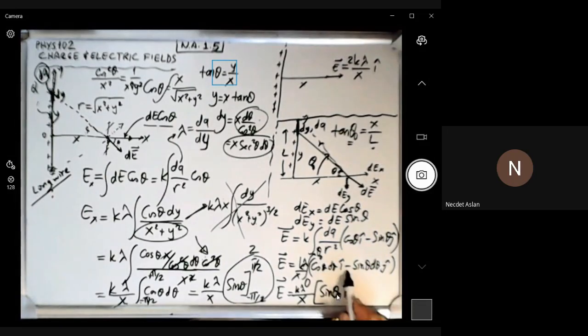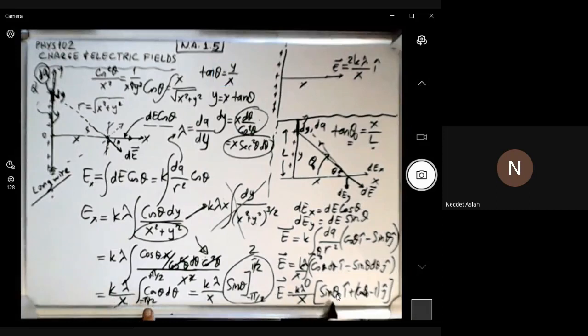The integral of minus sine theta is cosine theta, but at the lower limit cosine 0 is 1, and at the upper limit it is cosine theta 0. So cosine theta 0 minus 1 times j will be exactly the result. So this electric field, as you see, has two components. One, this component, and the other this component.